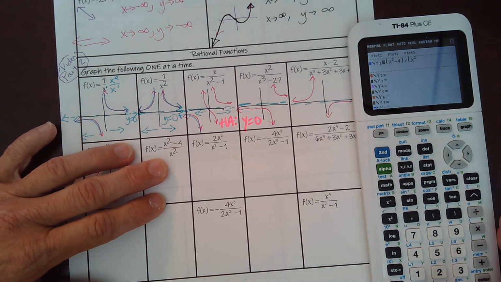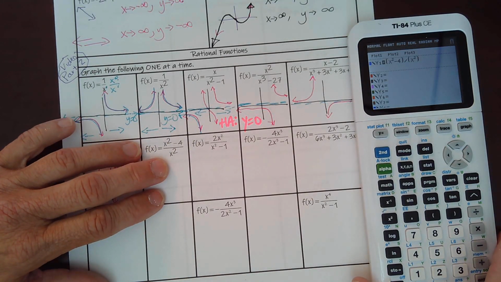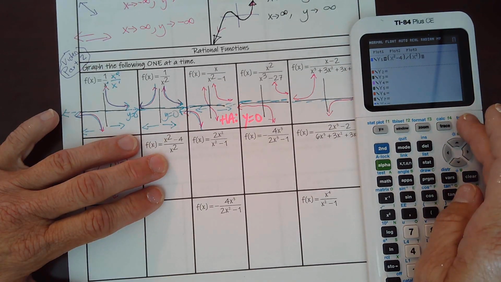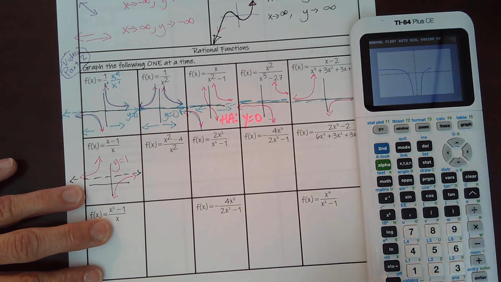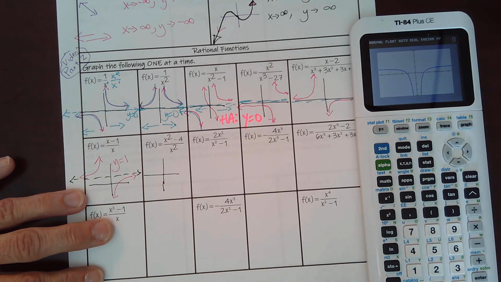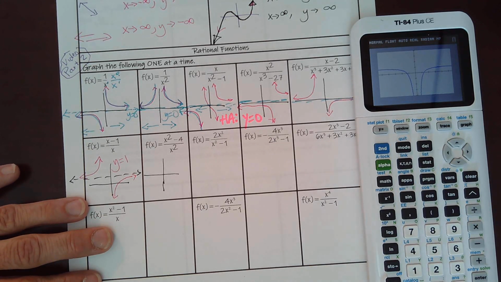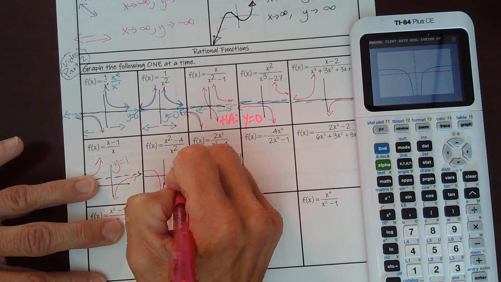I didn't have to put parentheses around the denominator, but since I did, I'm going to close the parentheses, and I will graph. Does this particular graph have a horizontal asymptote? It appears that it does. The graph looks something like this.